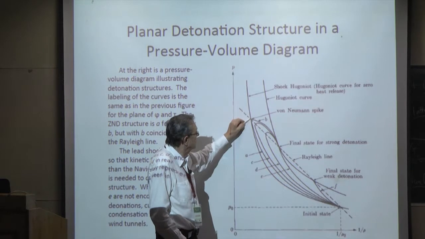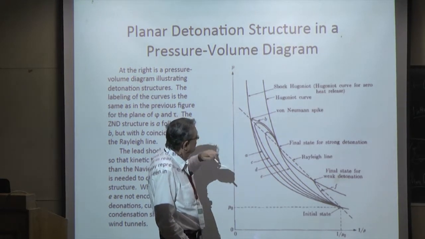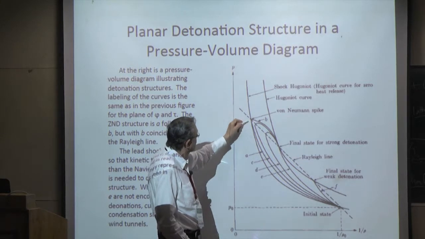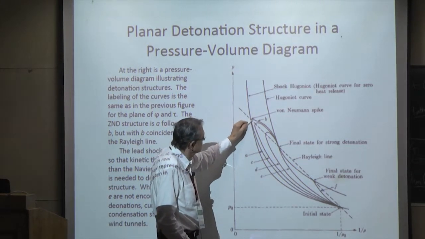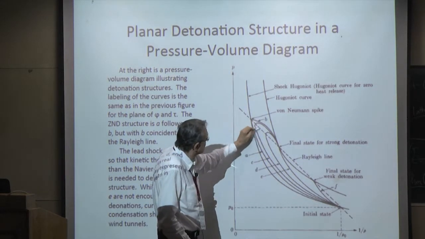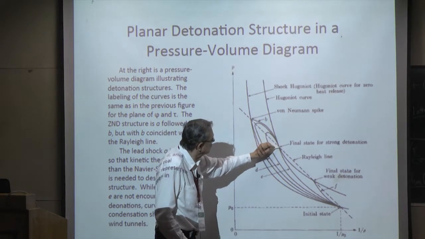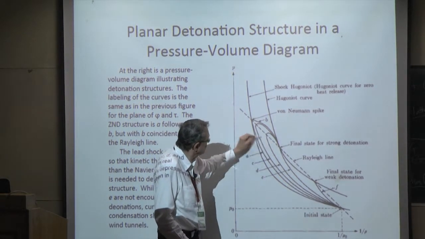And then from the Neumann spike, in the first approximation, you go down along the Rayleigh line to the final state. So this would be a structure for a strong detonation.